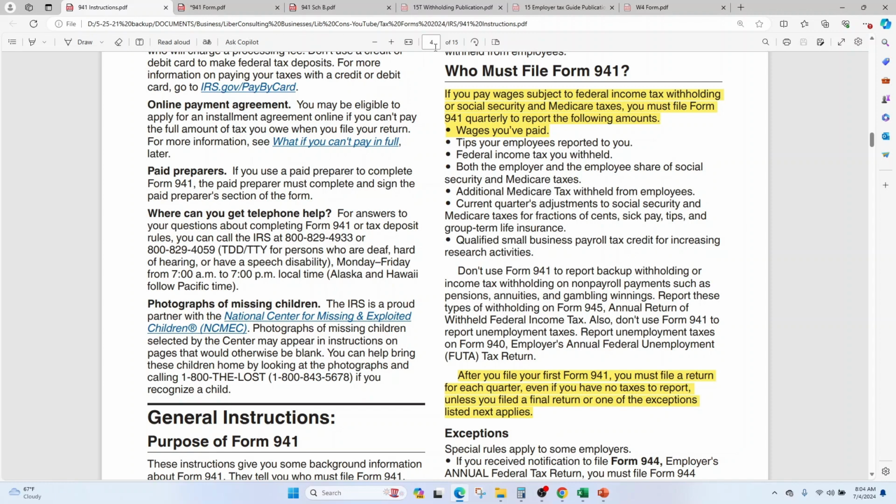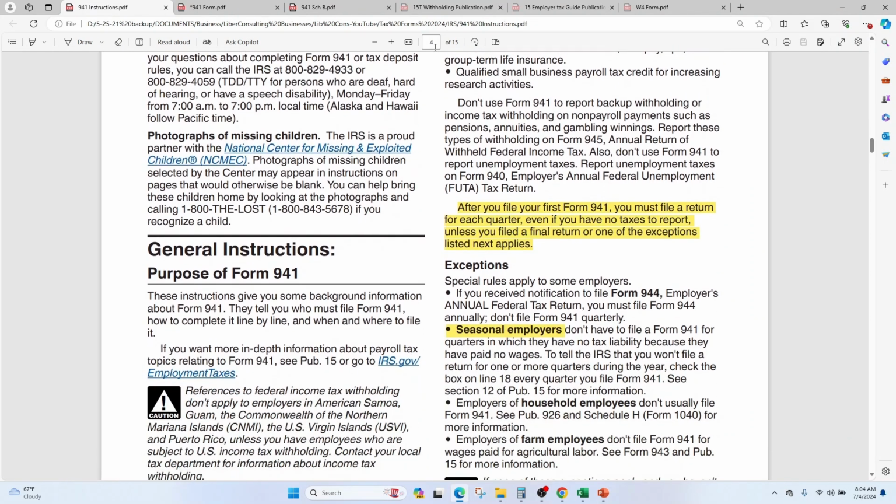It's a good idea, if you do not have an EIN number because maybe you are a sole proprietor and you have been using your Social Security number, to quickly apply for an EIN number. So we are going to cover that in this session as well.